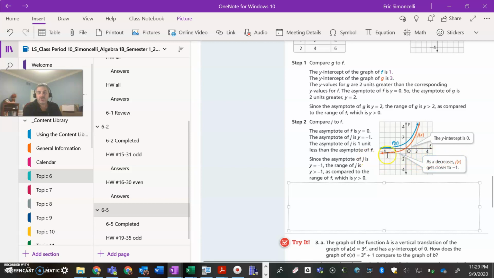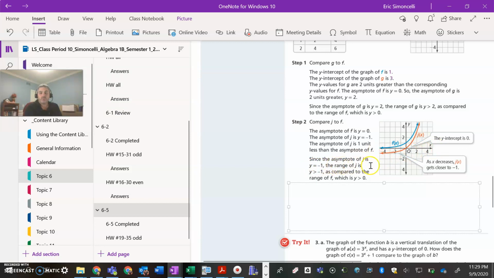This horizontal asymptote is negative 1 because as x approaches negative infinity, y approaches negative 1, never gets there. The asymptote of j is 1 unit less than the asymptote of f. So quite literally it looks to be as if we're shifting it down a unit.